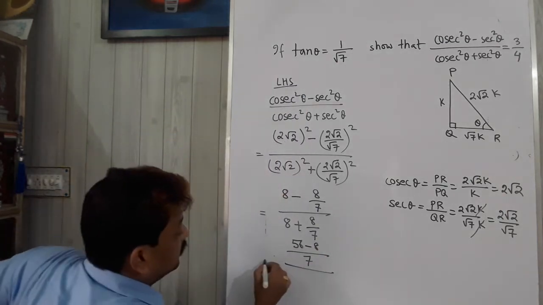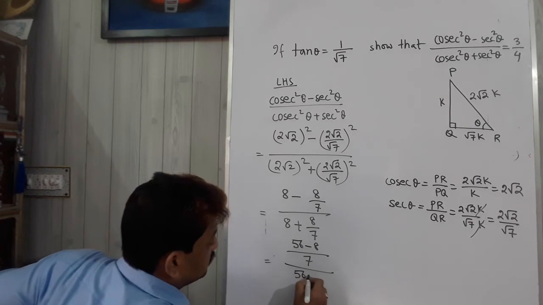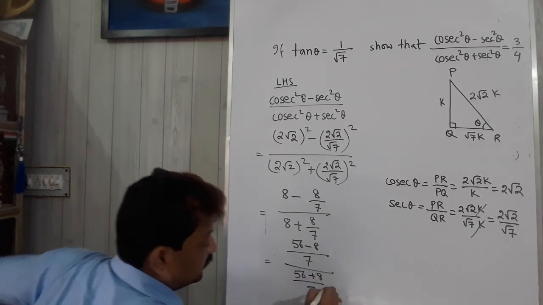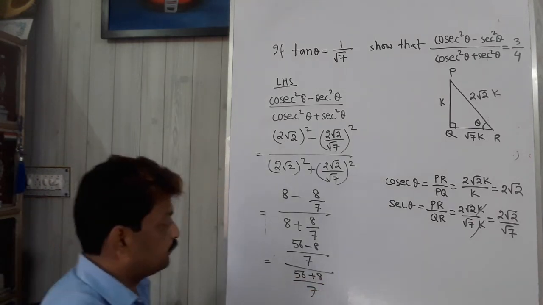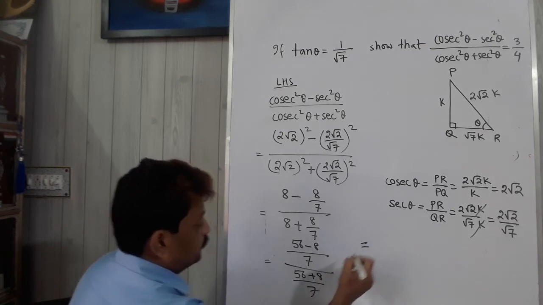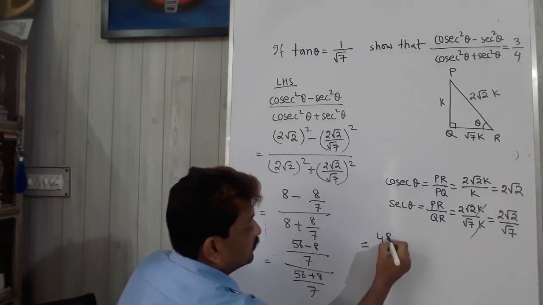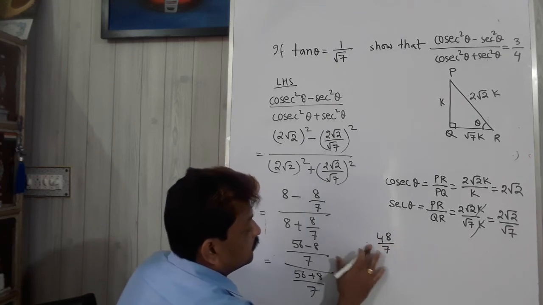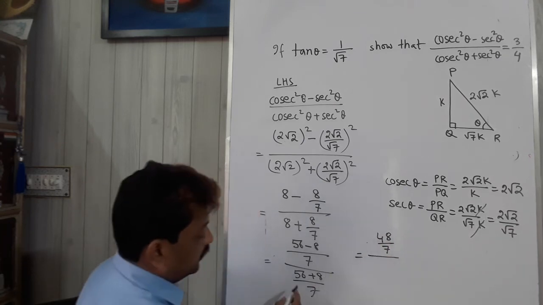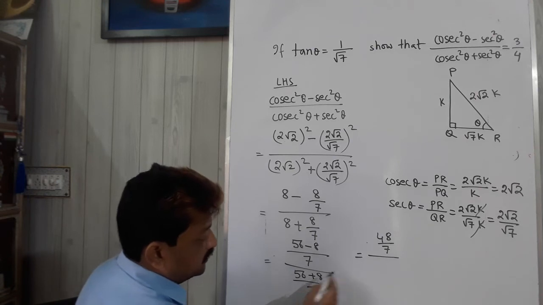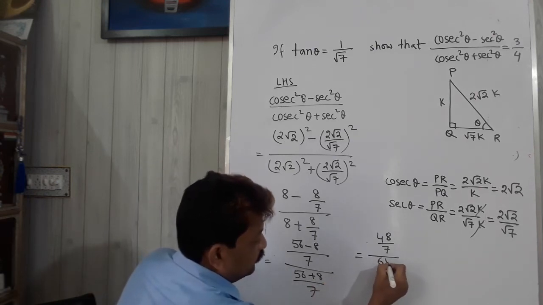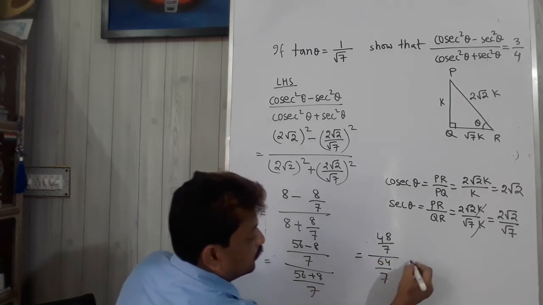And in the denominator, it will be 56 plus 8 upon 7. Understood? Equals to, so 56 minus 8 is 48 upon 7, divided by, this is 56 plus 8, so it will be 64 upon 7.